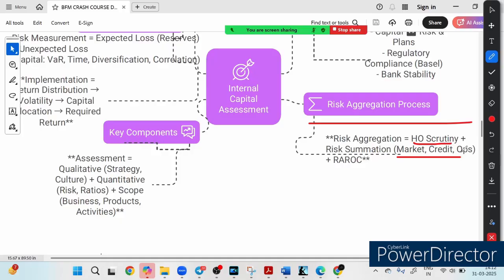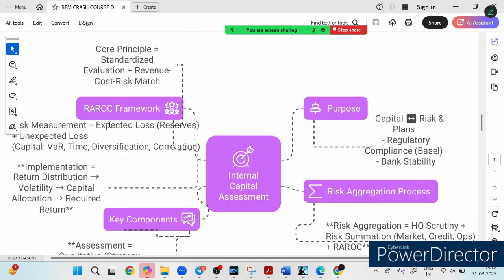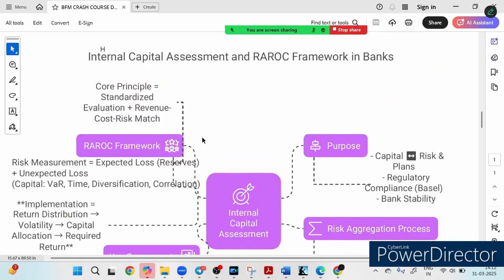So friends, by effectively combining capital assessment with the RAROC framework, banks can make smarter data-driven decisions, boosting profitability while maintaining compliance and stability. Basically two things are there: one is the RAROC framework, the other is capital allocation, and this is how this internal capital assessment works.